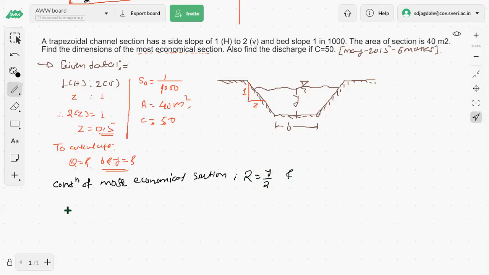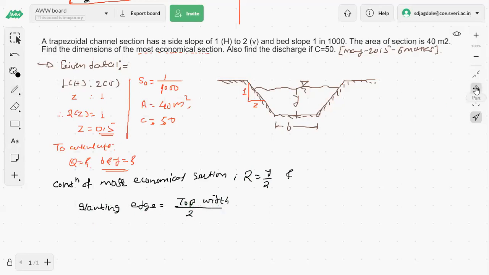And another most important one is that the slanting edge is equal to half of the top width. Top width upon 2, I would like to write.